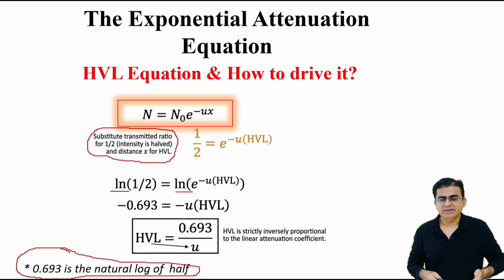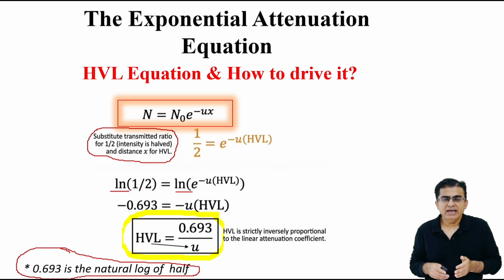This simple step gives us our final formula to calculate the HVL. HVL now becomes equal to 0.693 divided by mu.